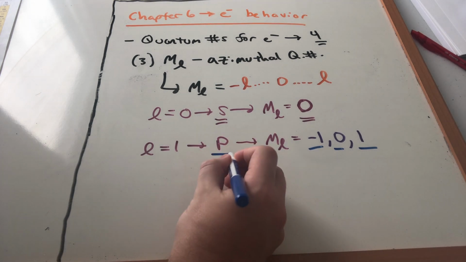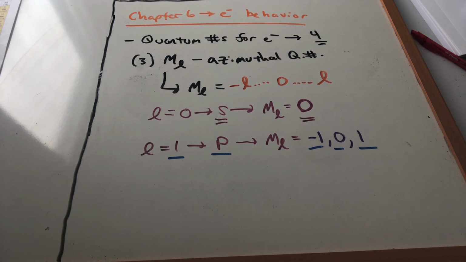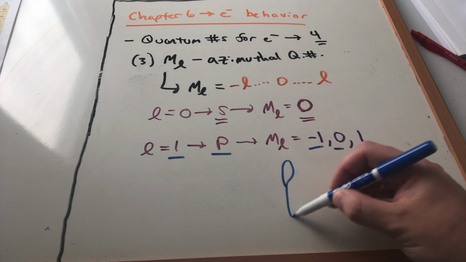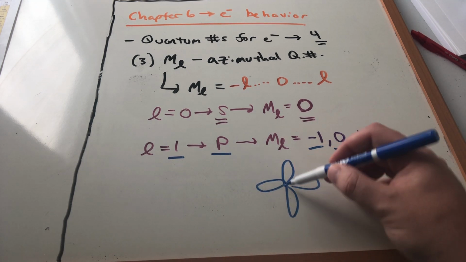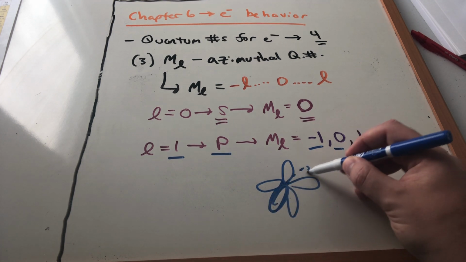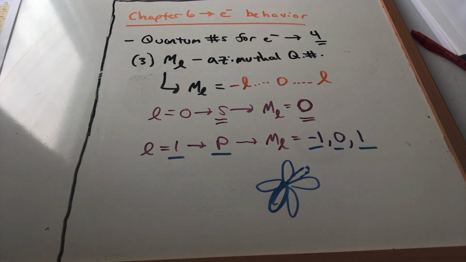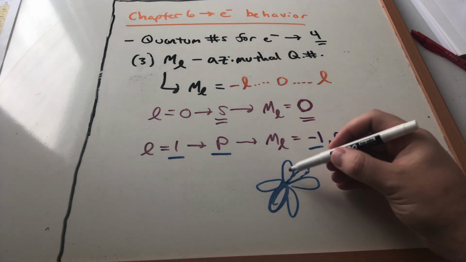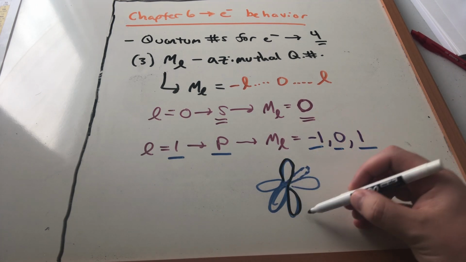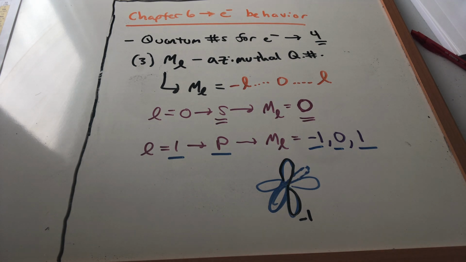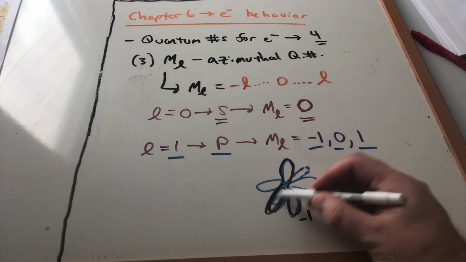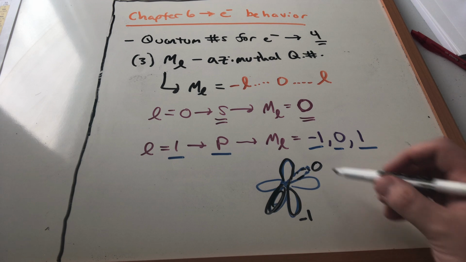So when I have a p orbital, I actually have a set of 3 p orbitals: one that's up, one that's doing this, and one that's coming out and going away. You can kind of see this on the slideshow that showed the pictures of p orbitals. Even though it's not exactly the case, the way you can view this is that the p orbital that's up and down is our negative 1 m sub L. The p orbital that's coming out and going away is our 0.